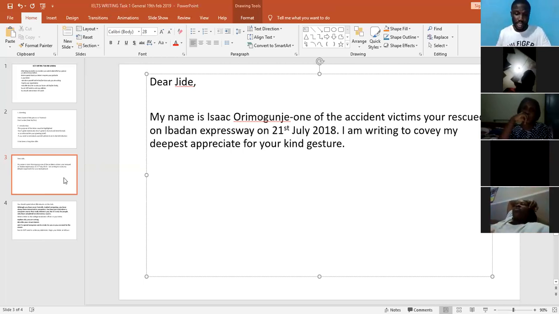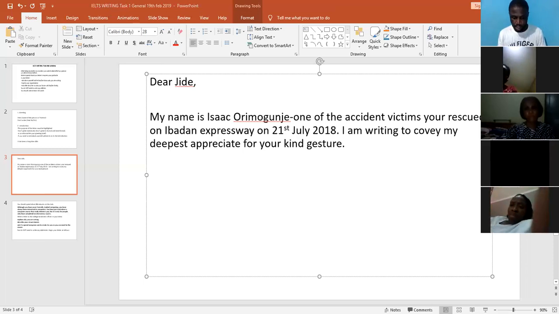The reason I am using this is that I know some people will write a second version that most of us normally write. My name is Isaac Olumoje. Okay, I am one of the accident victims you helped on the Ibadan Expressway on the 21st July 2018.